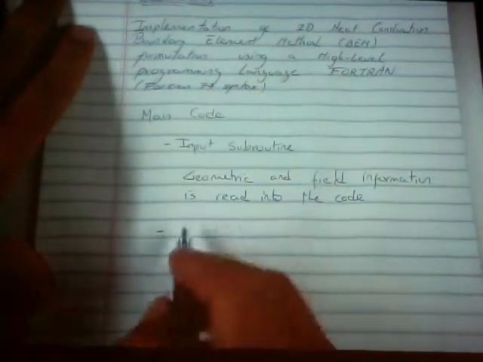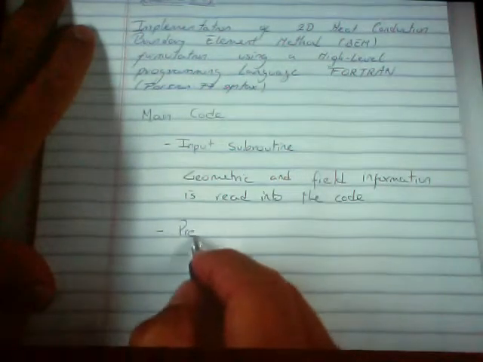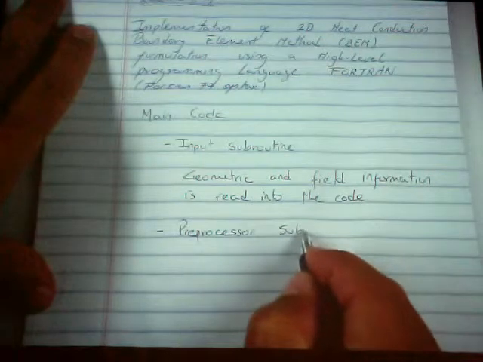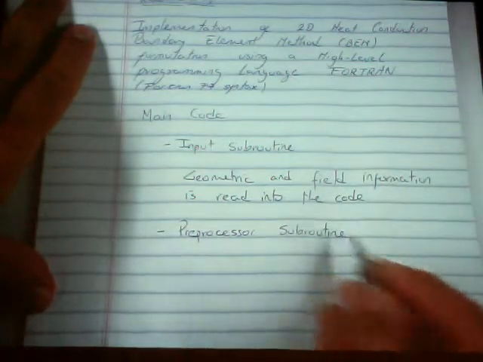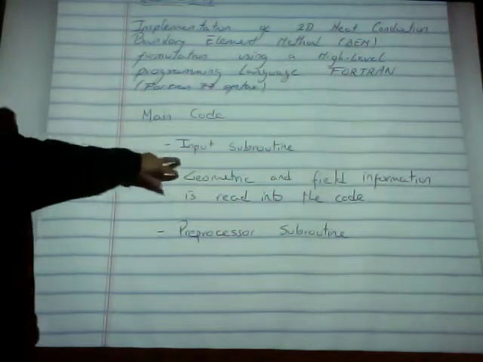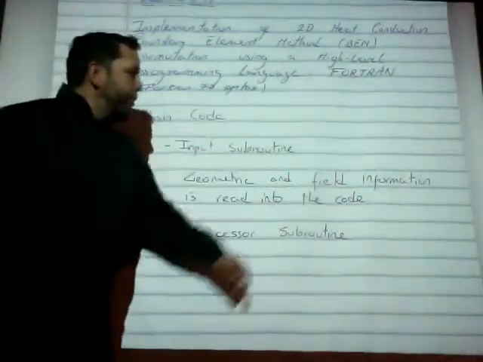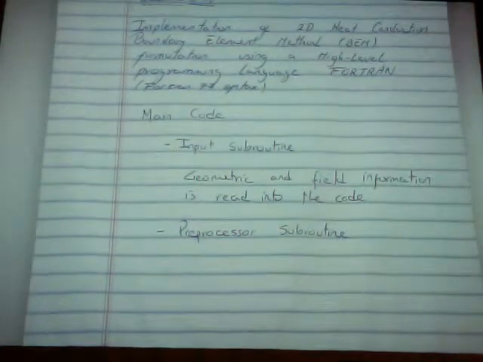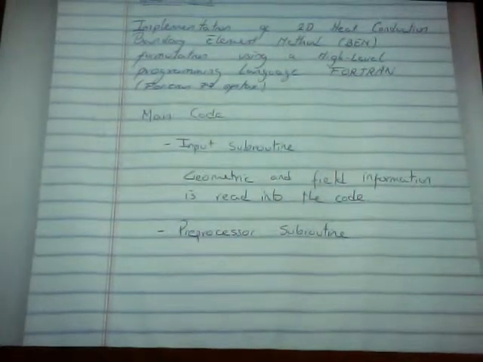Then we're going to have a routine called the preprocessor subroutine. That subroutine takes on this geometric information and this field information, and it creates boundary element discretization, and it creates boundary conditions. Okay?